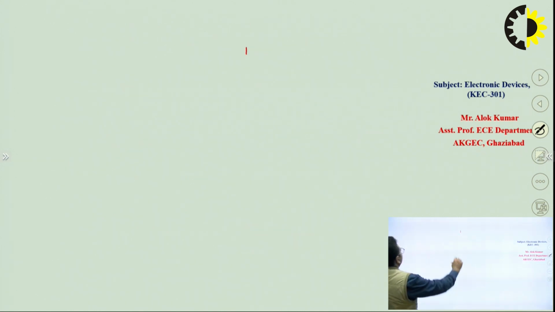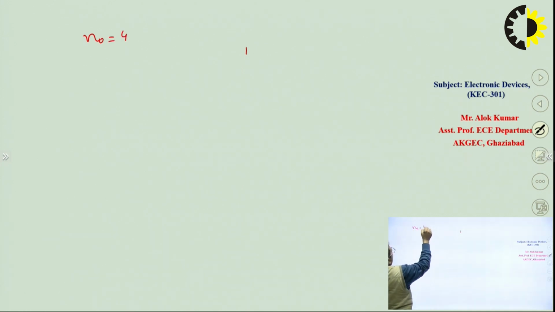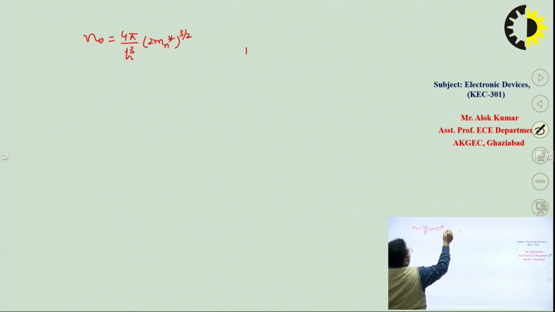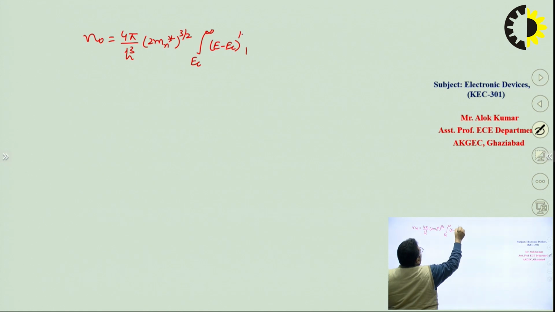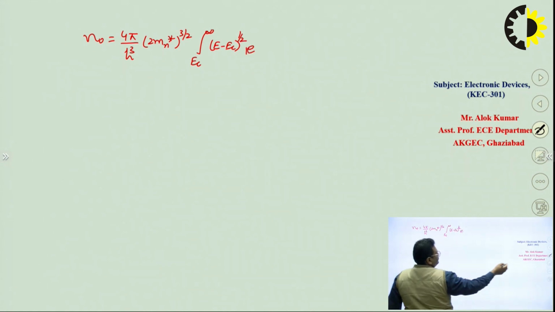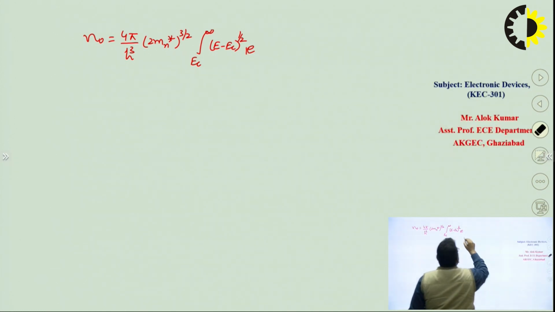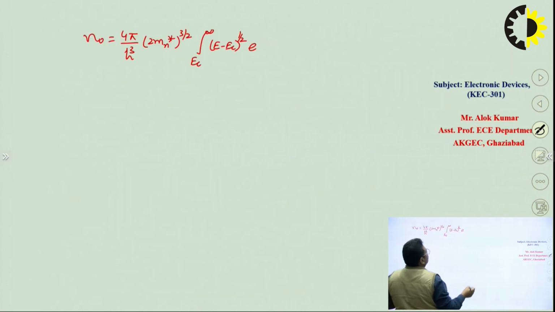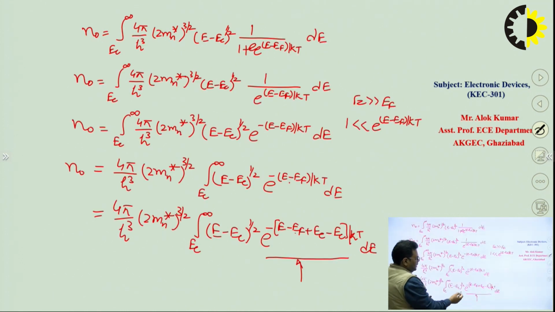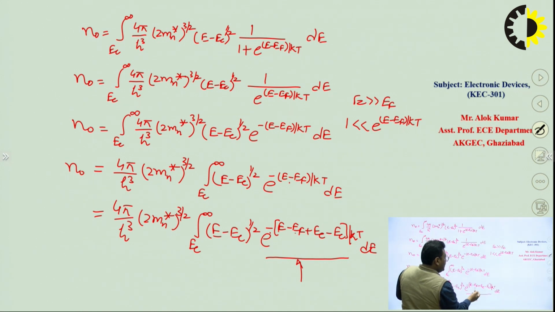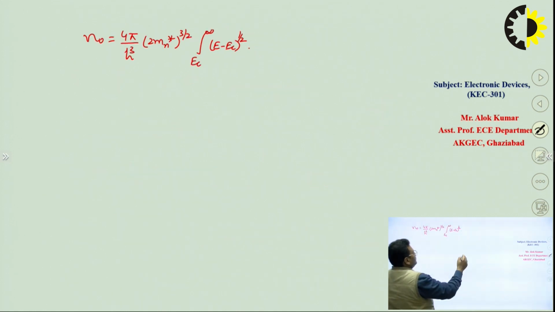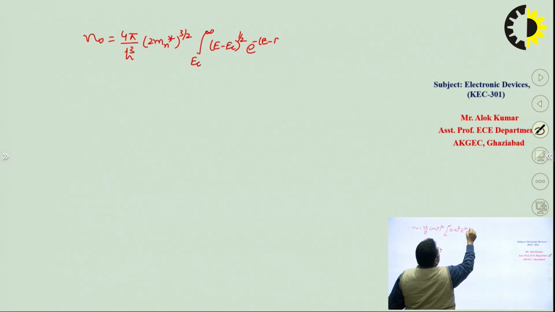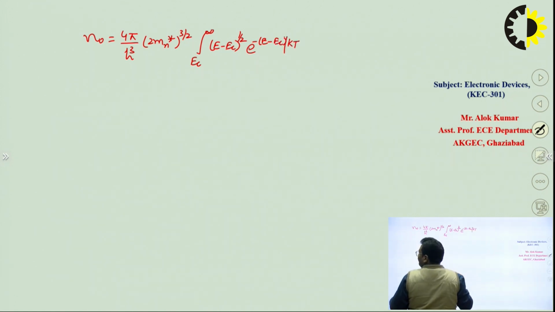So how will we write it? We can write N naught is equal to 4 pi upon h cube into (2 m n star) to the power 3 by 2, integral from EC to infinity of (E minus EC) to the power 1 by 2 and e to the power minus (E minus EC) divided by KT, right?